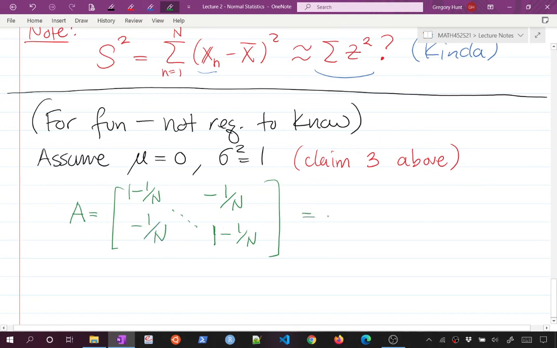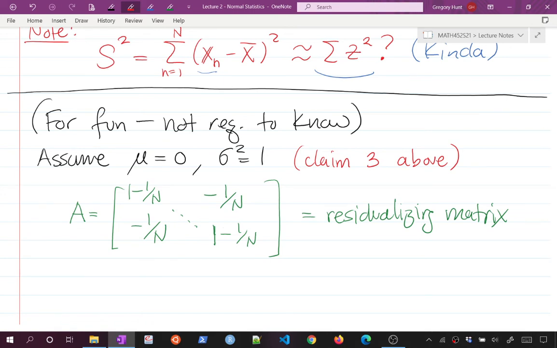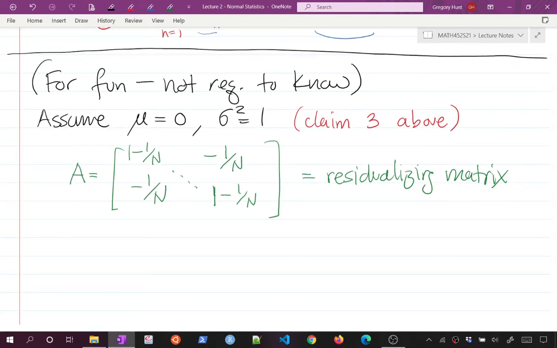And we could call this the kind of residualizing matrix. And the idea basically being that this matrix is going to residualize our x's. It's a fancy little matrix. What you can show about this thing is that the rank of this residualizing matrix is n minus 1.